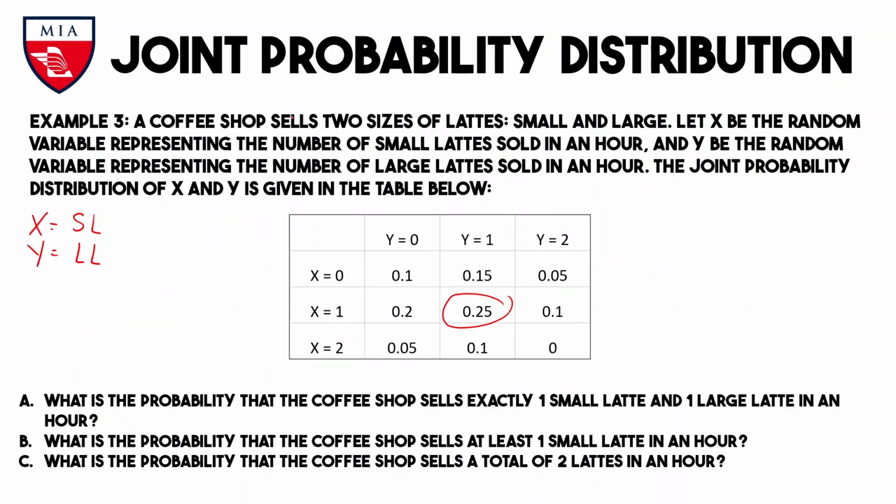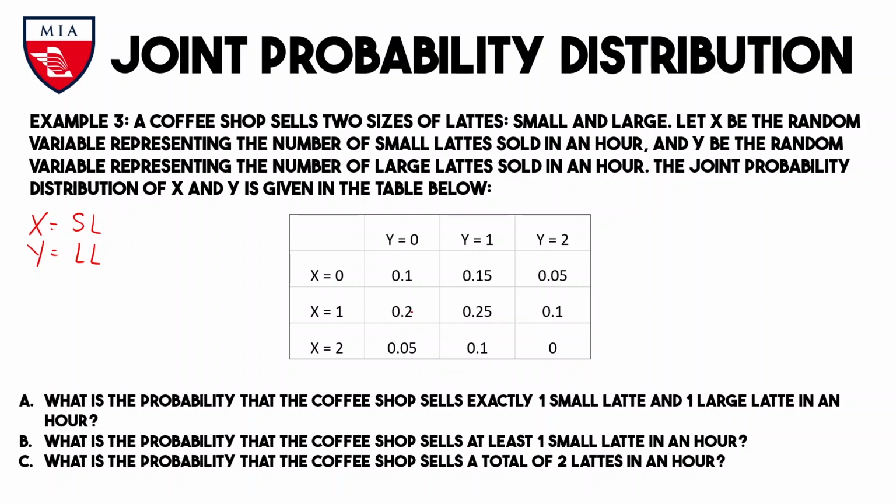Small latte is denoted as x, so we need to consider the different intersections where x is at least 1.